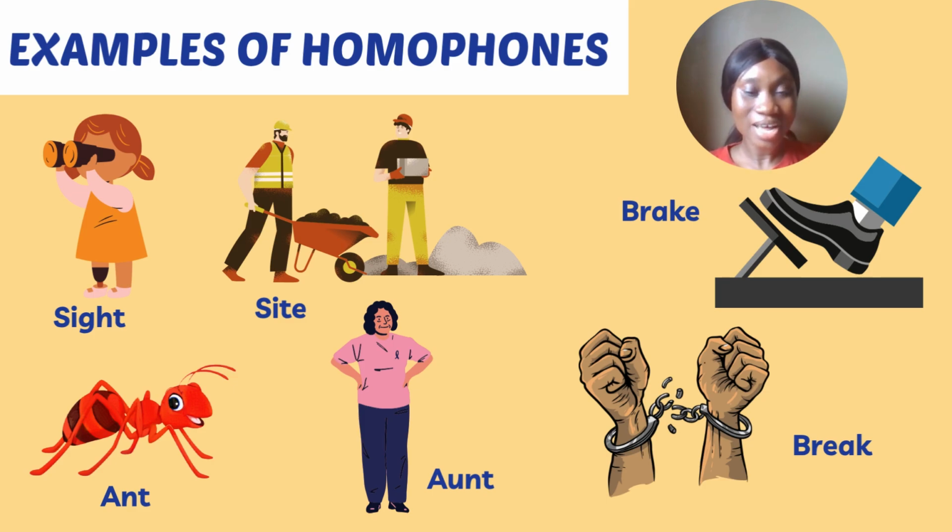And site is like a working site, a place where construction is going on. Then you have brake, the brake of a car, used to bring a car to a stop, and break, to break something. Like you can see in the picture, this guy is trying to break the chain. He has been bound and is trying to break the chain to become free. Then you have ants, as in an insect, and then aunts, my aunts, your mother's sisters. These are all examples of homophones.